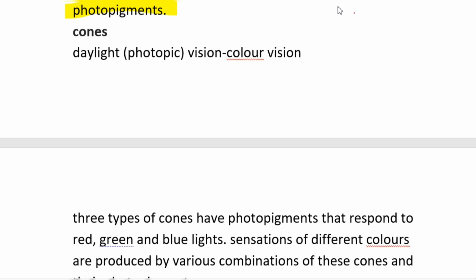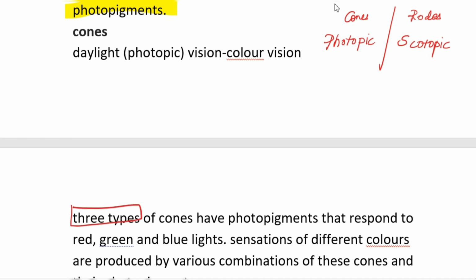This helps in seeing all the colors around you, whereas the rod cells help in seeing in darkness, twilight or scotopic vision.